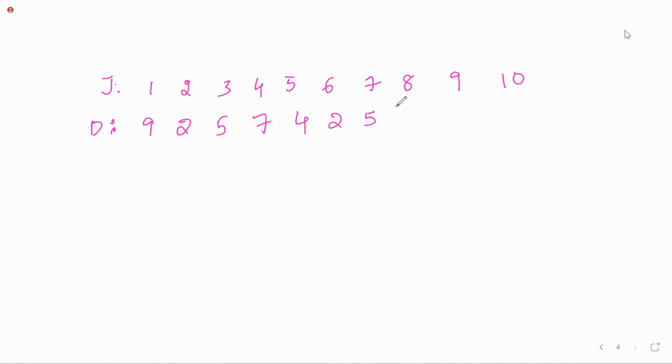Note it on the whiteboard. Jobs are 10: 1, 2, 3, 4, 5, 6, 7, 8, 9, 10. Corresponding deadlines: 9, 2, 5, 7, 4, 2, 5, 7, 4, 3, if I remember.